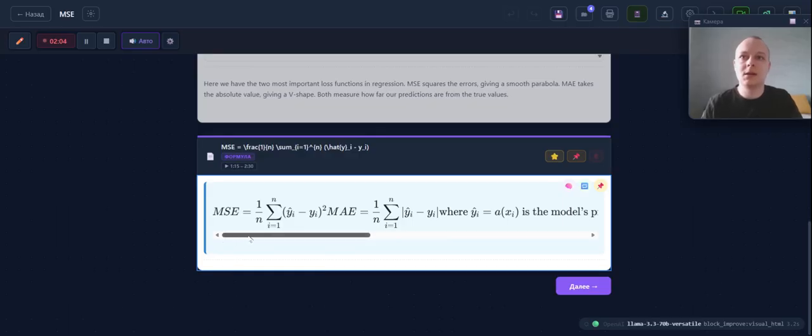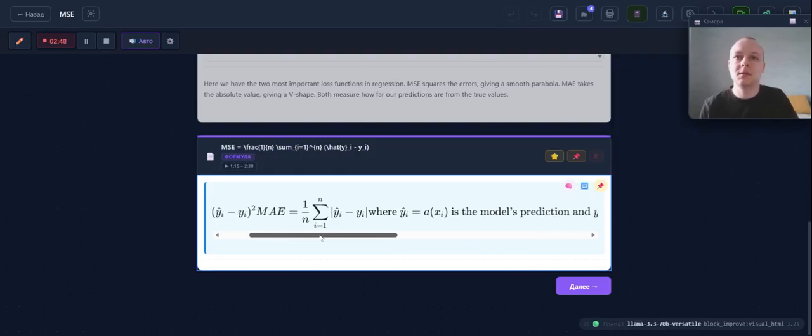And again, this is our formula. MSE, how it is formed. We have our loss function here within parentheses. This is squared, so this is the squared deviation, and we have a sum symbol here, which means we sum all of our objects, all of our loss functions, together into one number, and we divide that number by the number of objects that we had.